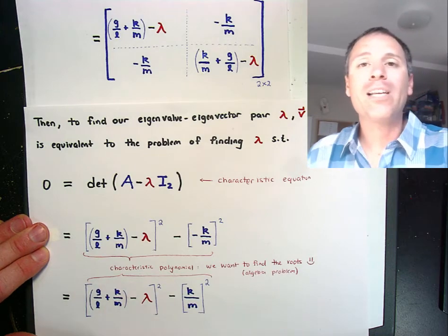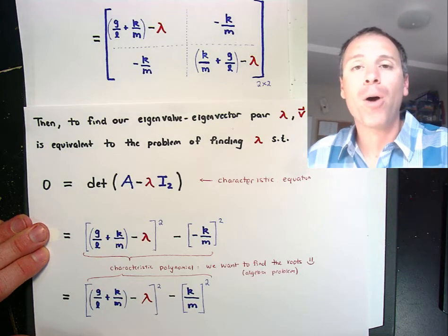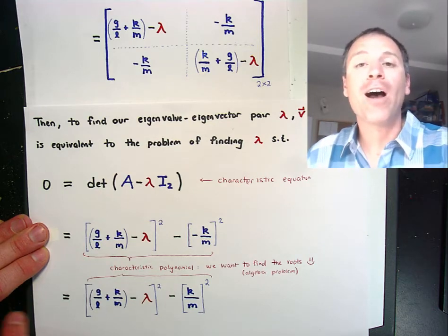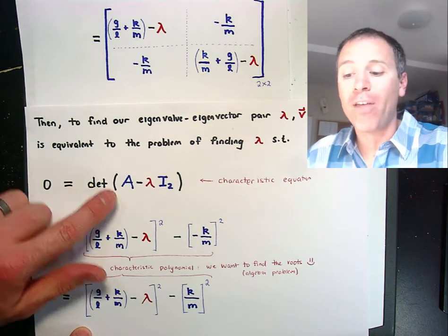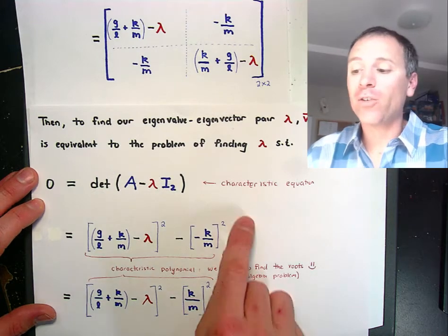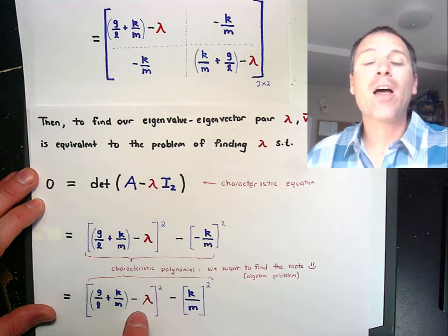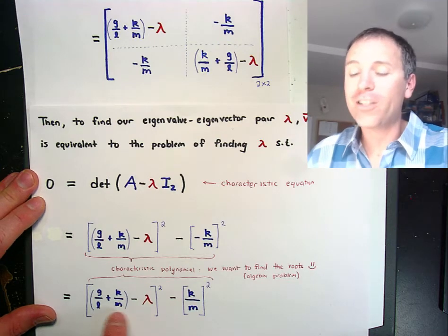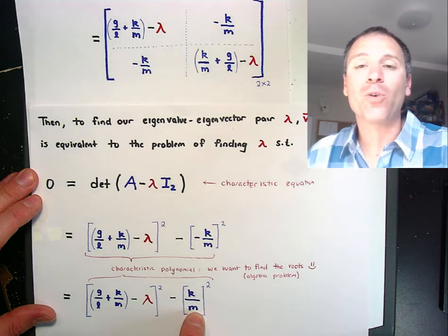That polynomial is called the characteristic polynomial of our matrix A, and it's used to find the eigenvalues of that matrix. Notice the characteristic equation is to find the roots of this polynomial. So we are literally trying to find where this quadratic polynomial is equal to 0.